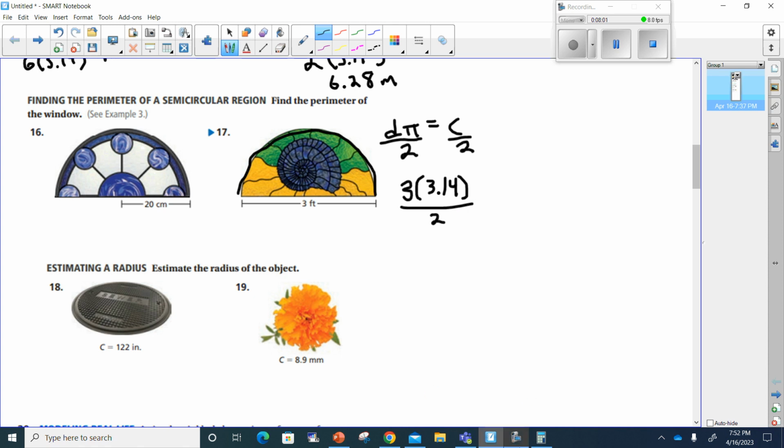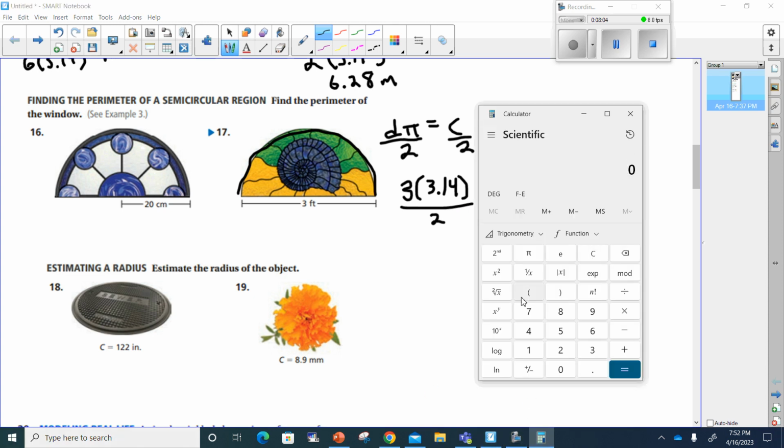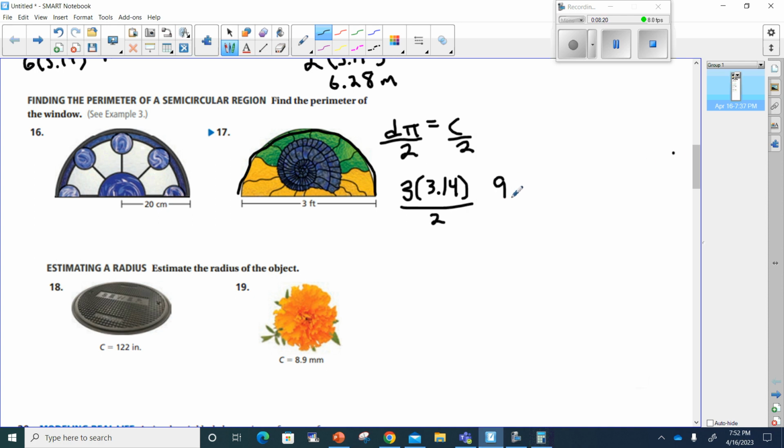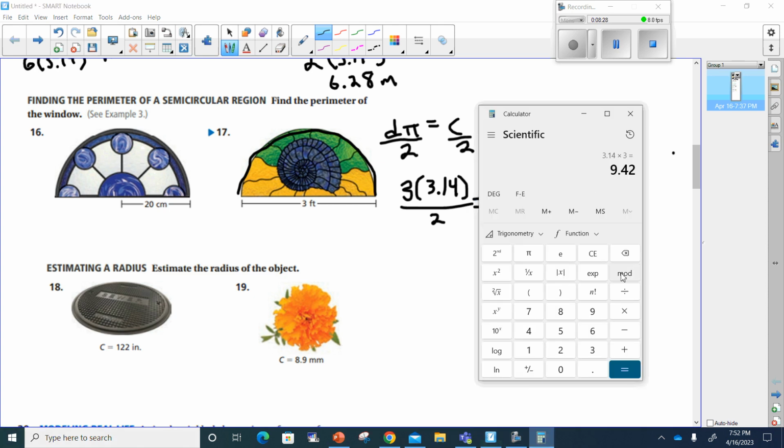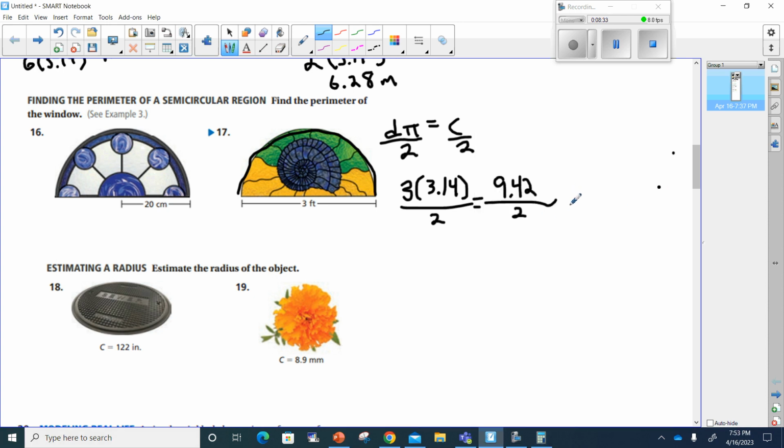Well, let's use our calculator to solve that. We got 3.14 times 3. That's going to equal 9.42 divided by 2. 9.42 divided by 2 is equal to 4.71 feet.